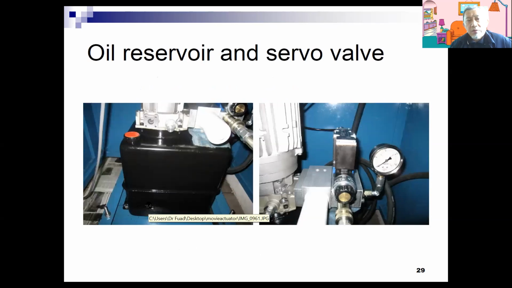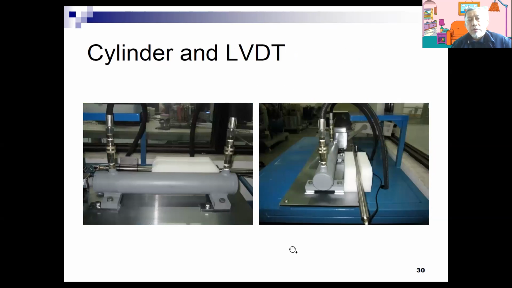And then the oil reservoir, where we accumulate all the liquid, will be sucked by the motor so that it regulates the pressure throughout the pipe. And the valve here is a servo valve. And then this is the cylinder and the LVDT attached. So the piston is here and the LVDT will be attached here.